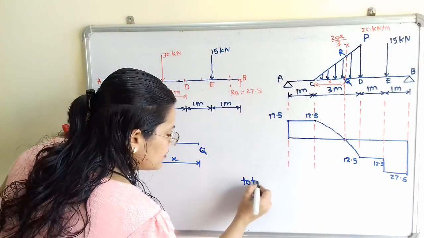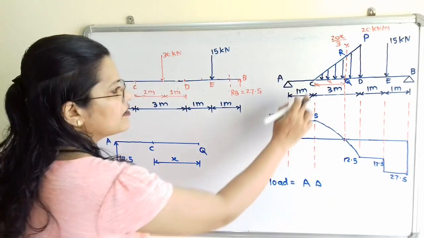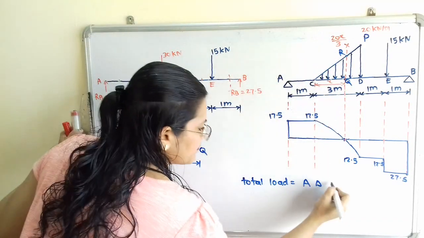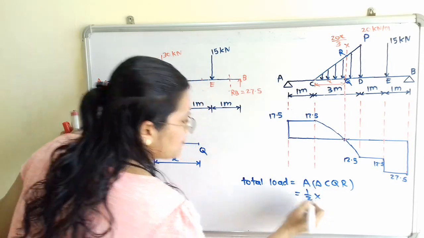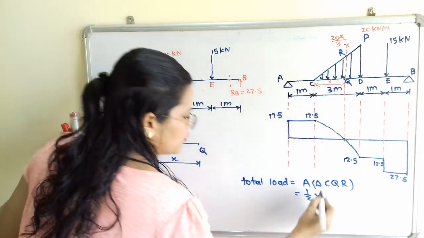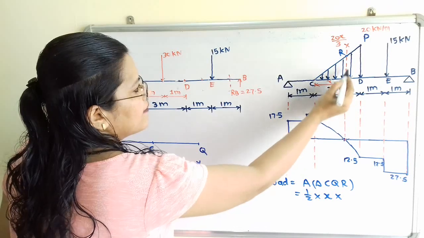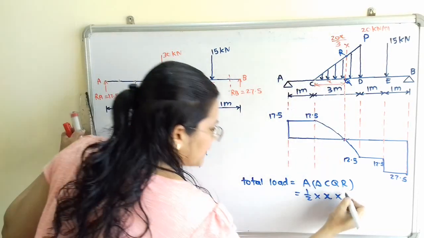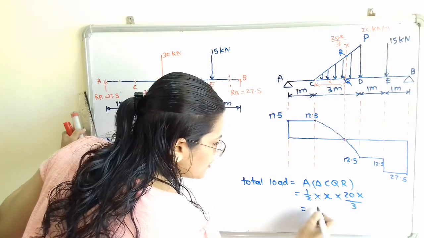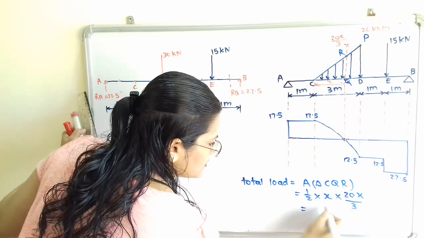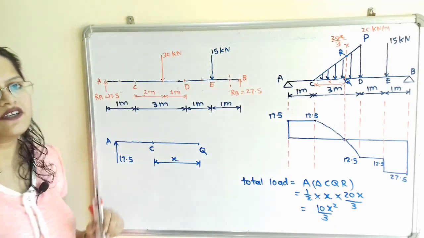So I will write here: total load is equal to the area of triangle CQR, and that is equal to half multiplied by base, where base is CQ, that is x, multiplied by height, where height is RQ, and the value of RQ is 20x by 3. We will simplify this: it will get 2 and here is 10, so 10x square by 3. So this is the total load.